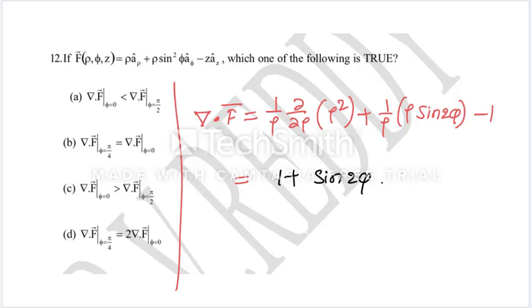Get this thing here. So find out this value del dot f.